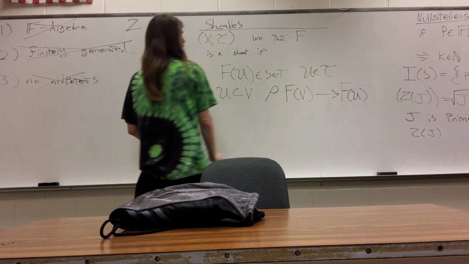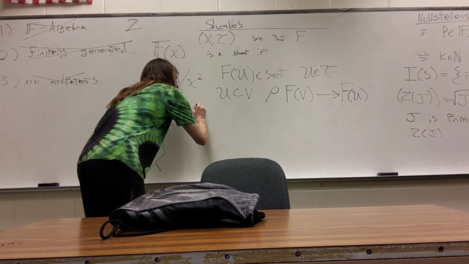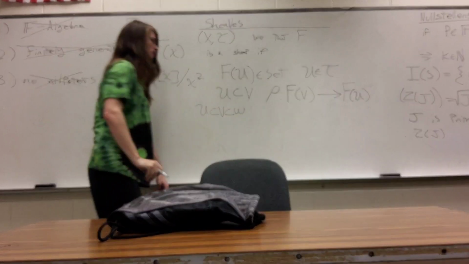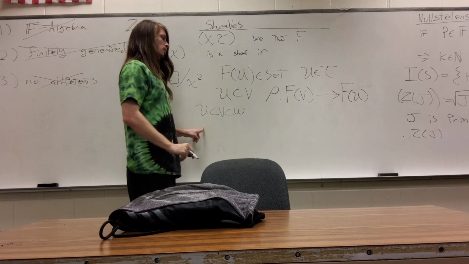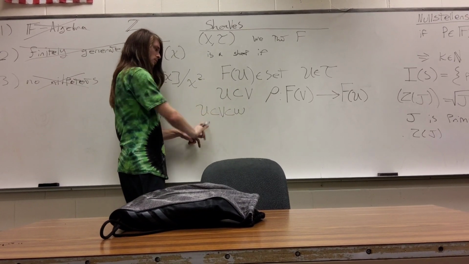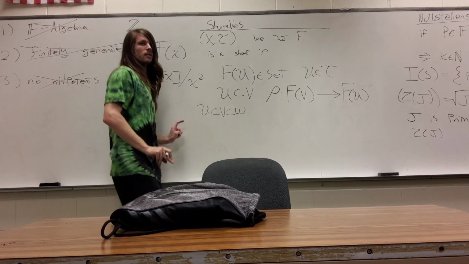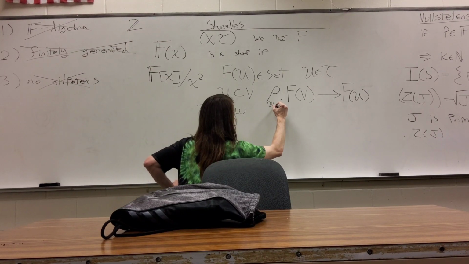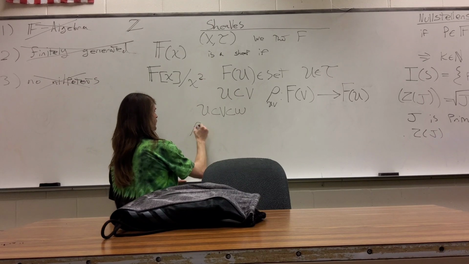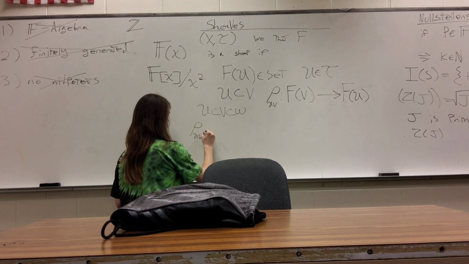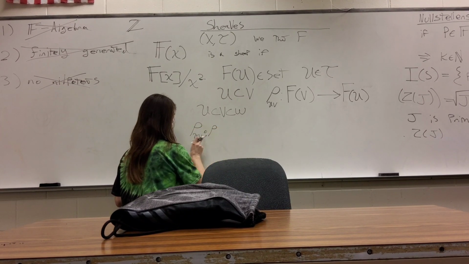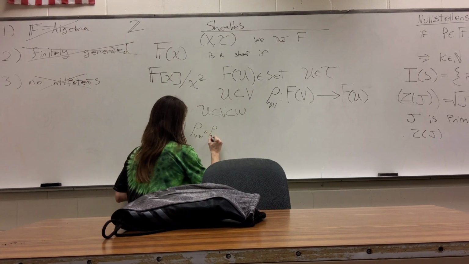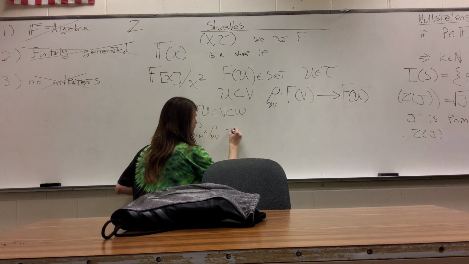And now for any triple inclusion, it doesn't matter whether you restrict all the way down from W to U, or if you restrict from W to V and then from V to U. Hopefully I got that right.